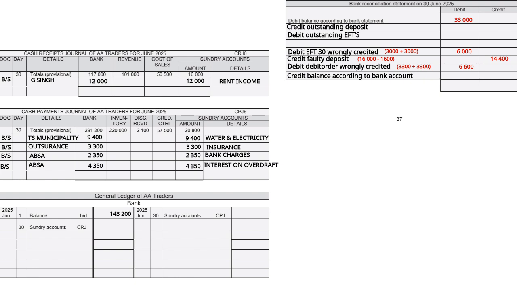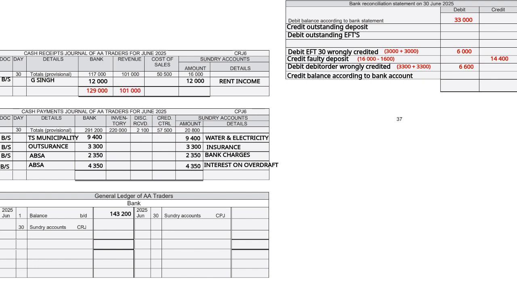Now we've entered all our transactions that goes to our cash receipts journal and our cash payments journal, so we can now add up these totals. If we add up our total bank account for our CRJ journal, we get 129,000. Our revenue stayed 101,000.